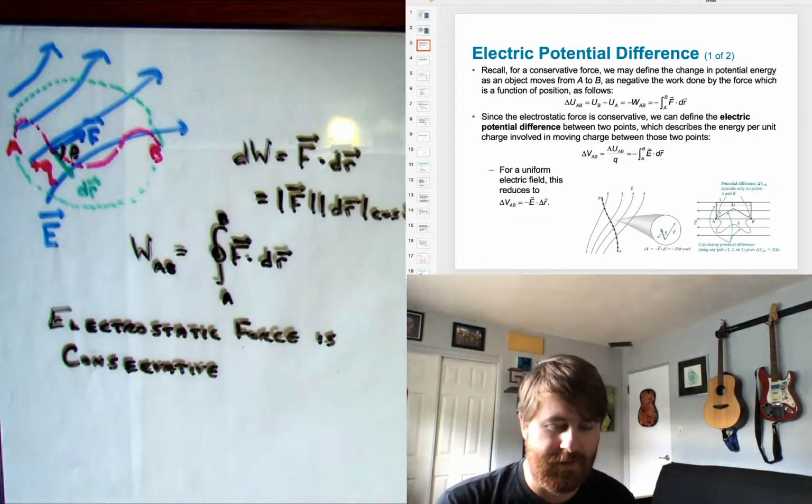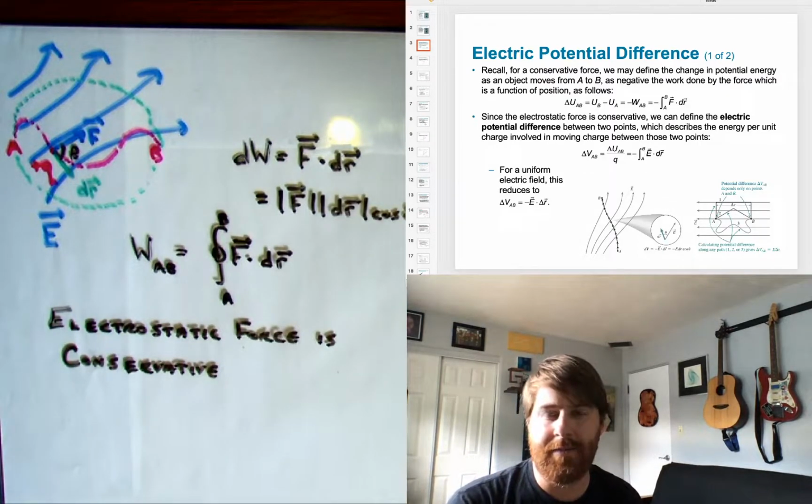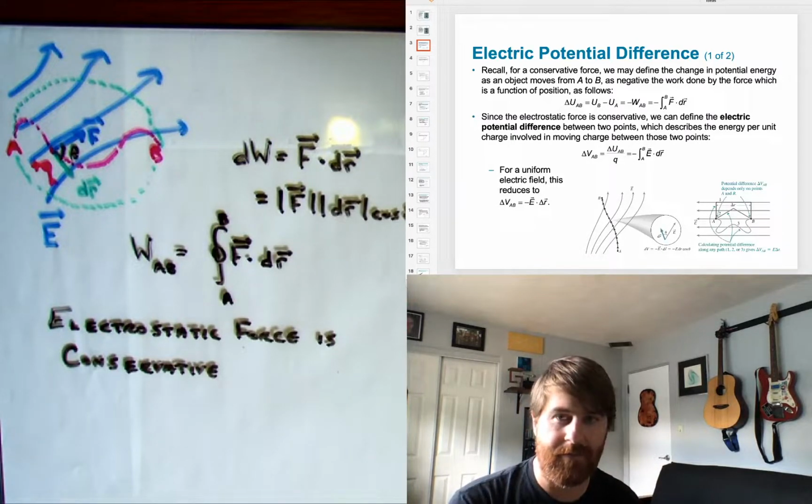The last part that defines a conservative force is that we can describe the potential energy, the work done in moving an object, or that the force does in moving that object, using a potential energy function. Okay?